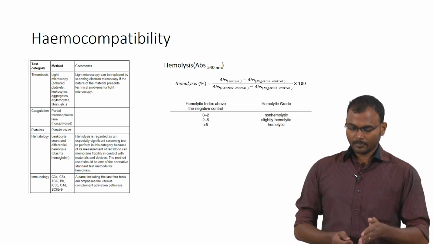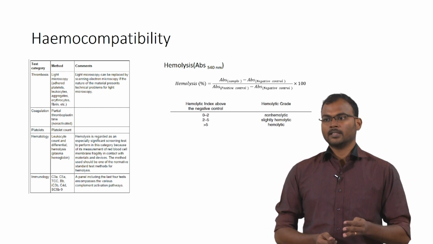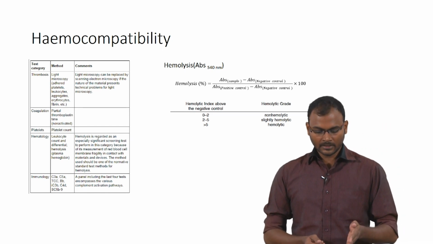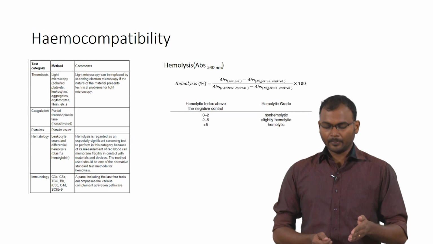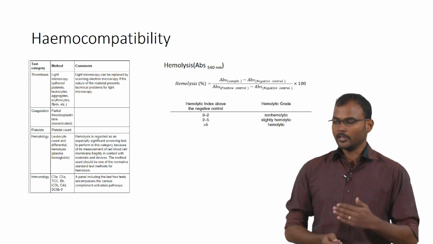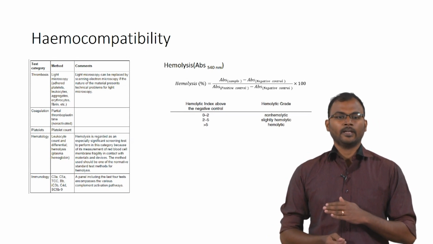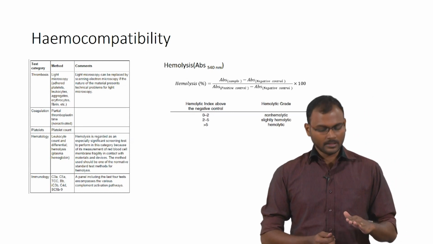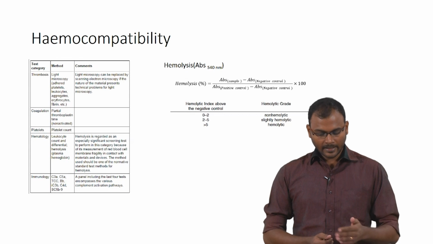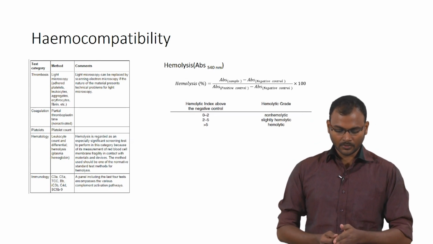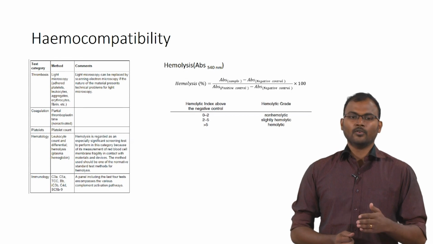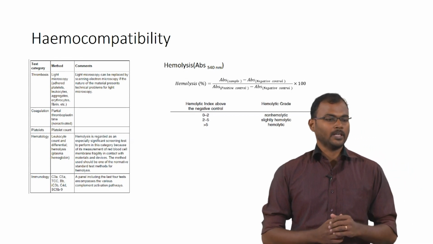Based on the International Organization for Standardization, the hemolysis index should be below 2 for a non-hemolytic material. If it is slightly hemolytic, the range is 2 to 5, and if it is highly hemolytic, it is above 5, which is not at all recommended for any applications.